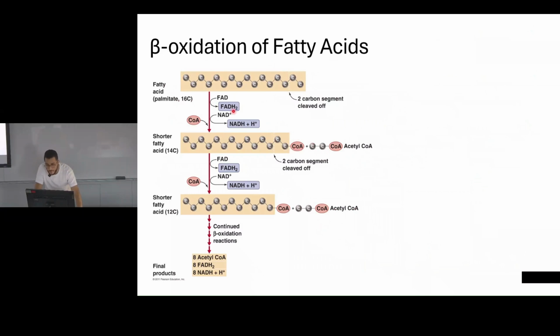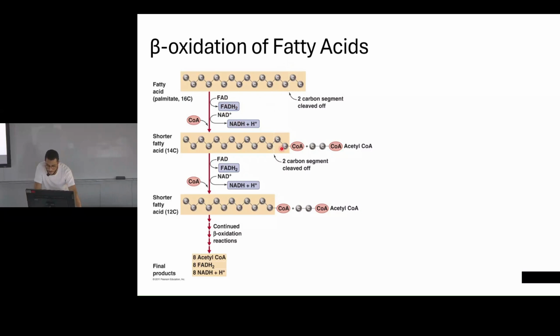And one of the roles of the FAD being turned into FADH2 and NAD plus being turned into NADH is that it's going to pick up the extra protons that are going to be released from breaking this carbon. If you remember, each carbon has hydrogen atoms on it. So these hydrogen atoms need to go somewhere, right? And so they will be basically used for these reactions.